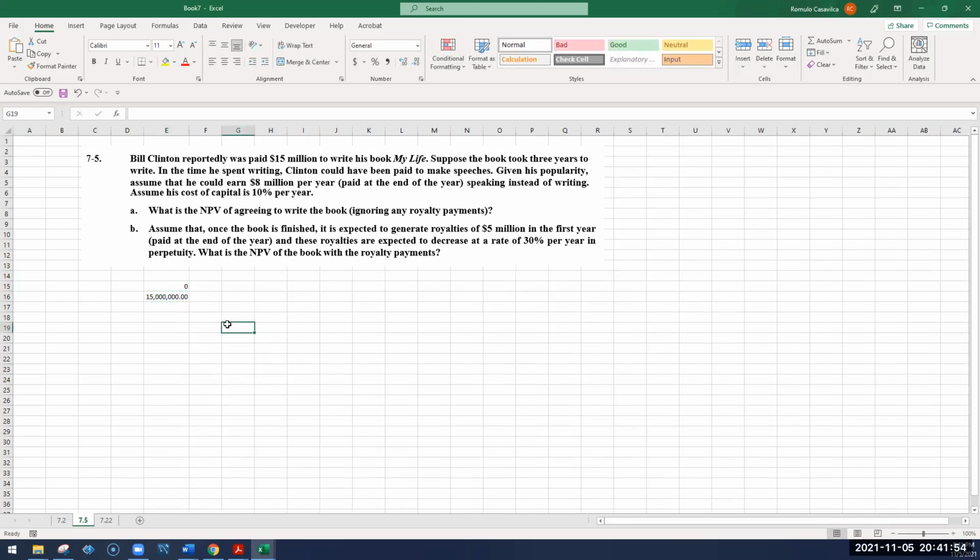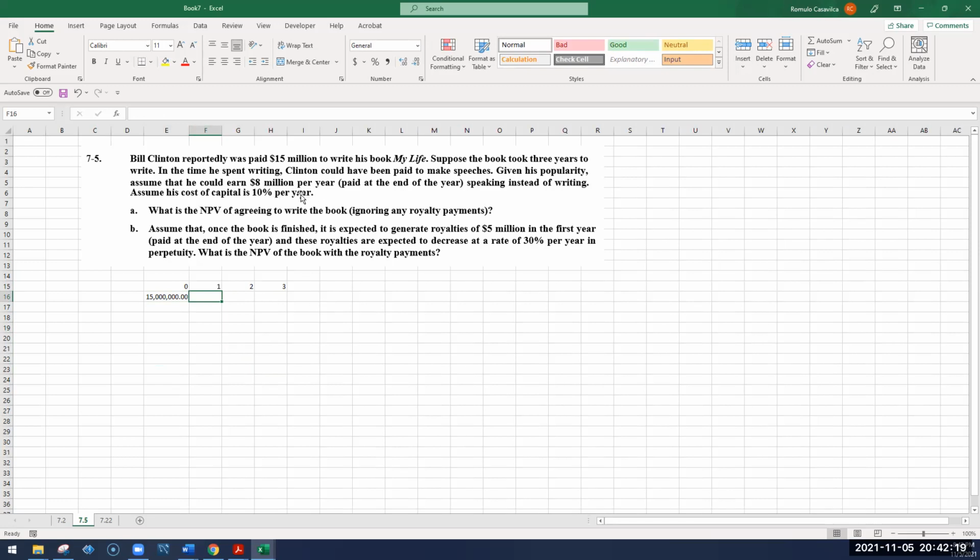And suppose that he will finish the book in 3 years. So we got 1, 2, and 3. And while he finishes the book, instead of doing that, he could earn 8 million per year.